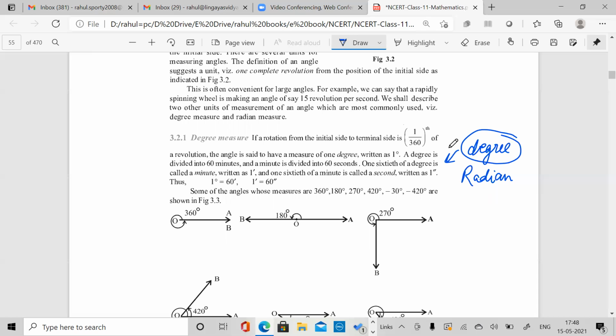After degree, minute and second. Okay. So how to convert degree into minute and minute into second? I will tell you about this.